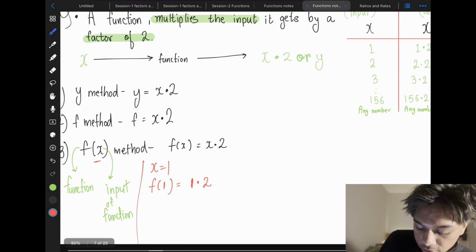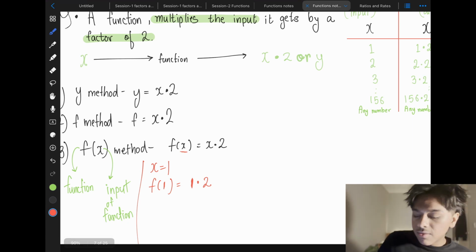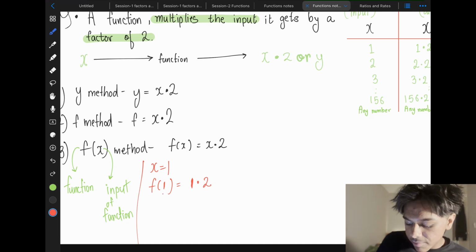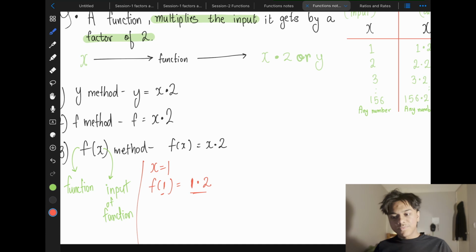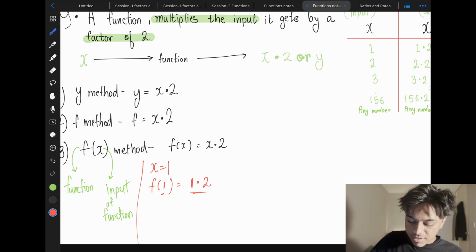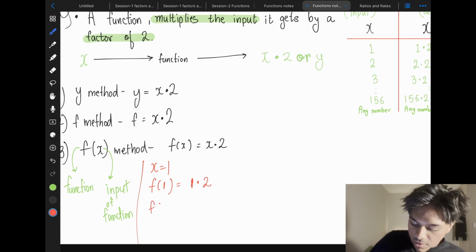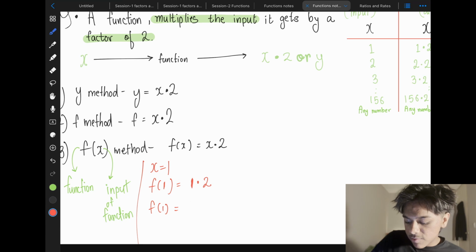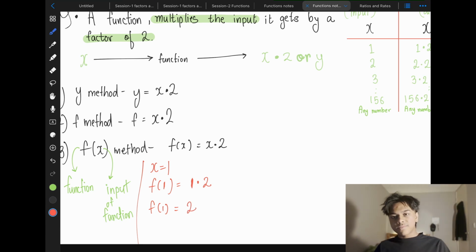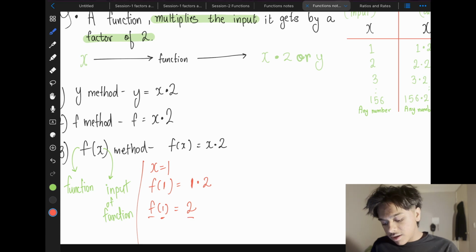Since f at input of x was x times 2, f at input of 1 will be 1 times 2. And I can further find the value of f at 1, which will be 2, right? f at input of 1 gives me an output of 2. That's all this is saying.